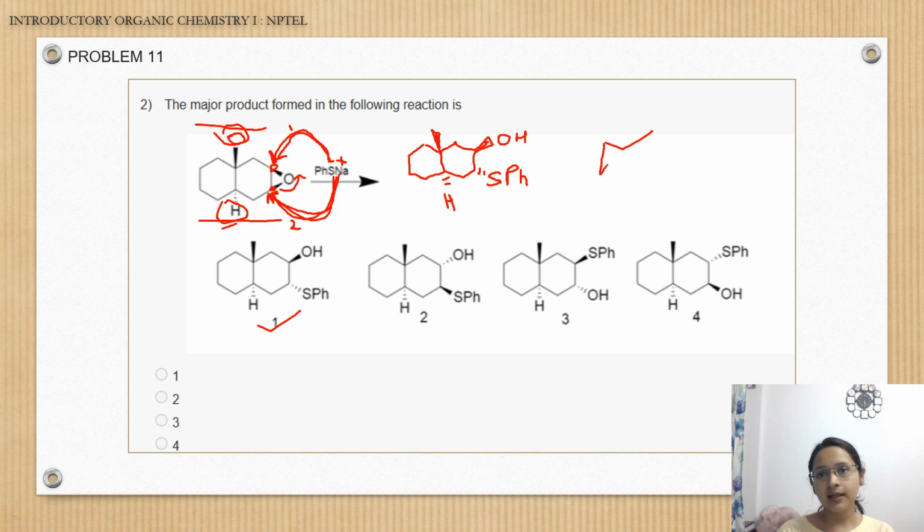Let's see it like a chair configuration. So if it is there, it is kind of this. I'm not good with drawing, just adjust it. So here, if it is above the plane, guys, it is better visualized here. If it is above the plane, then one face is blocked, the above the plane is blocked.